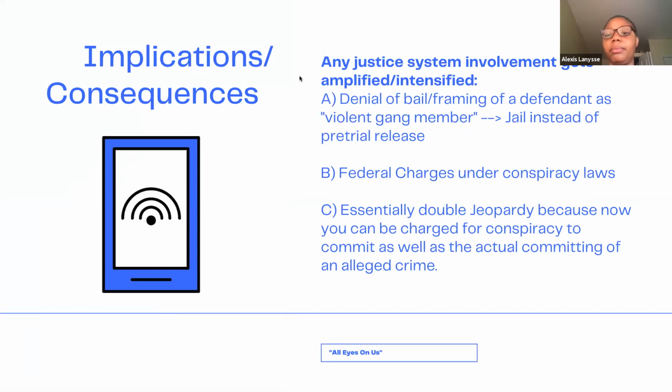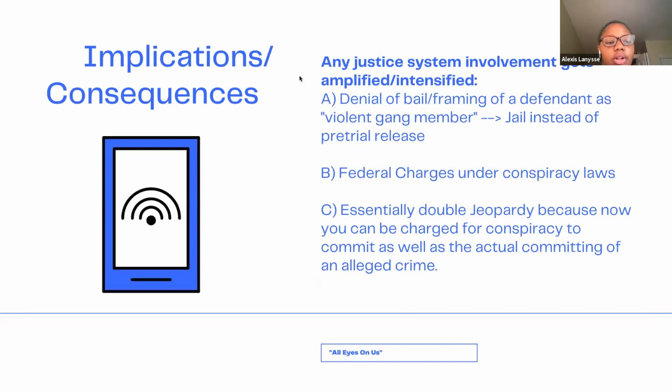If you were to be in contact with the police at any point in time, your name being on that list could get you a higher sentence, could deny you bail, and as was said before, you could even have racketeering or RICO charges applied against you because of this list. These are federal charges under the conspiracy law, so that's what RICO is. And these charges could raise your sentence by multiple years.